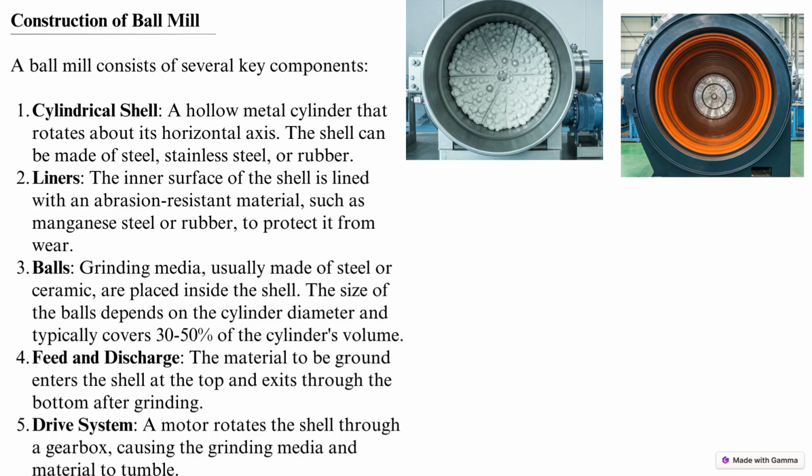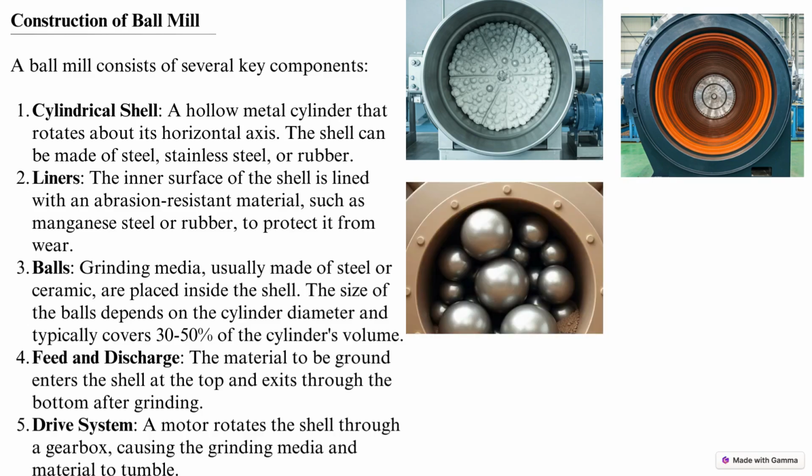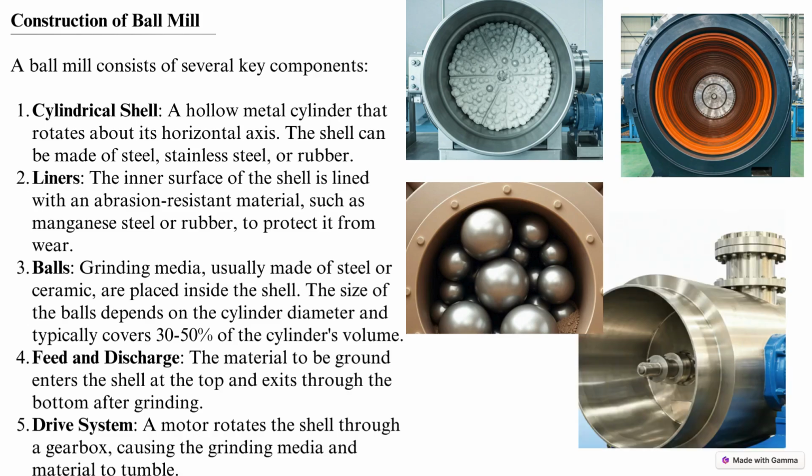The next one is balls. Balls are the main grinding media, usually made up of steel or ceramic, placed inside the shell. The size of the balls depends on the cylinder diameter, and typically they cover about 30 to 50% of the total cylinder volume. Next is the feed inlet and feed outlet, means feed and discharge.